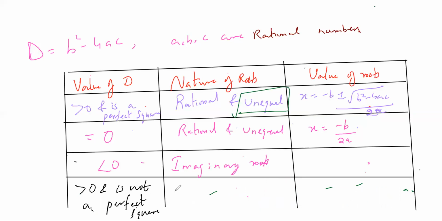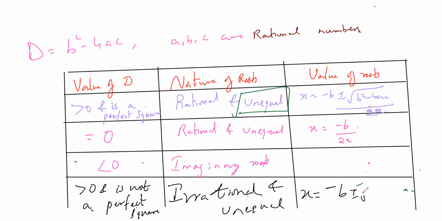So instead of rational, I'll put irrational. And unequal. Unequal is same. And the formula is also the same. X is equal to minus b plus or minus root of b square minus 4ac by 2a. Up to this is imaginary roots.